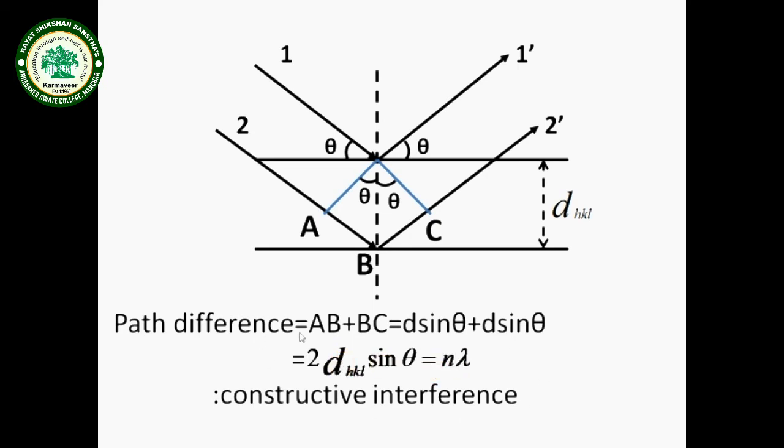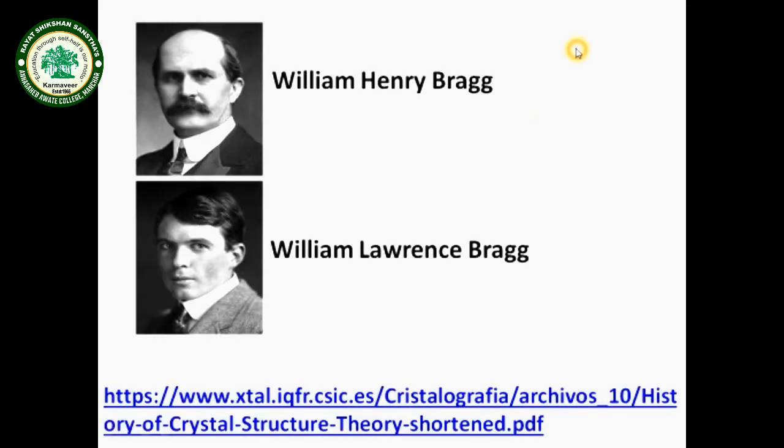This is the condition for constructive interference. When this condition is satisfied, then 1' and 2' along with the other rays will meet in phase and produce more intensity. Here the pair of Braggs has been shown: first is William Henry Bragg and second is William Lawrence Bragg.